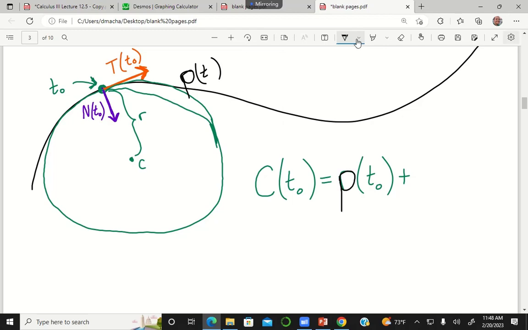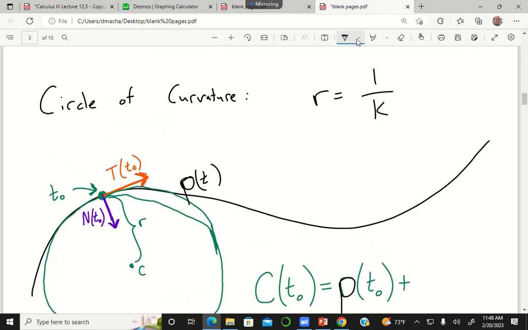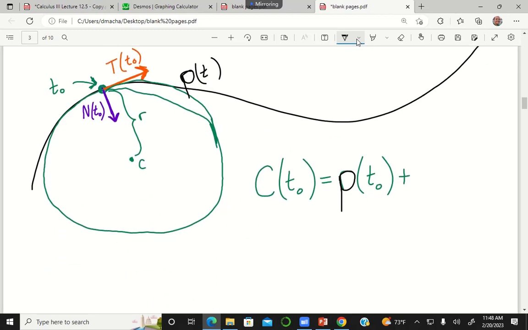So let's say that my parametric curve is now p of t. Here's p of t. So that's the point on my curve, plus r times N of t.